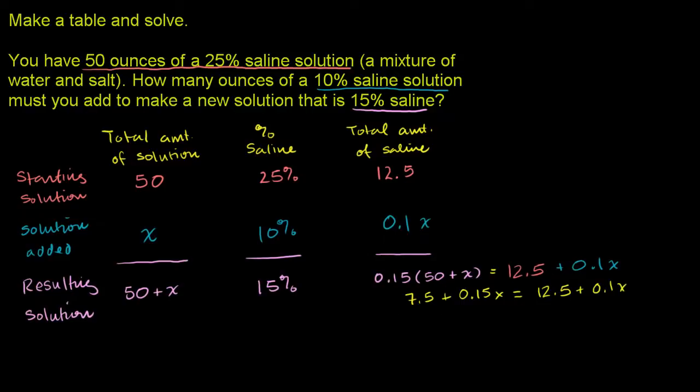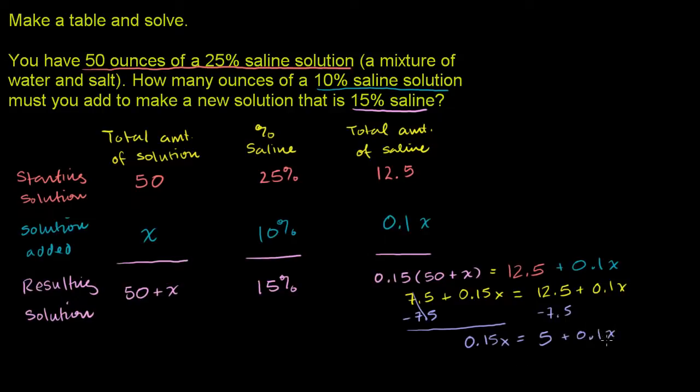Now, we can subtract 7.5 from both sides of this equation. The left-hand side, that cancels out. We're just left with 0.15x is equal to 12.5 minus 7.5, which is just 5, plus 0.1x.